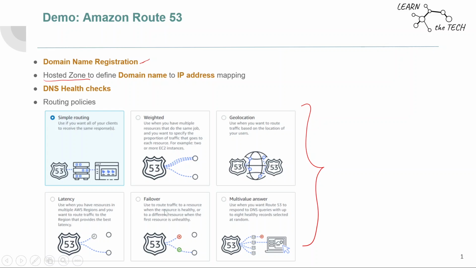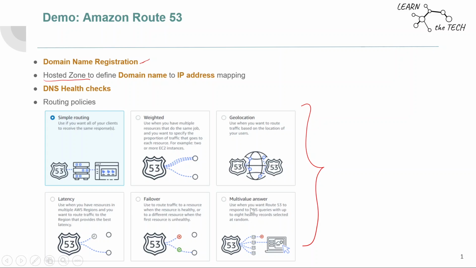Failover based routing you use when basically you have multiple servers and one of which is acting as a primary or a production service. And if it fails, you want AWS to resolve to your standby service, right? So in that case, you use the failover routing policy. And multi-value answer policy you can use when you want AWS to return multiple IP addresses.